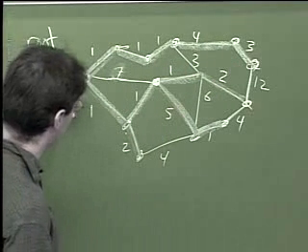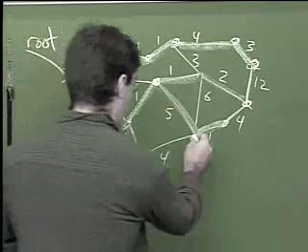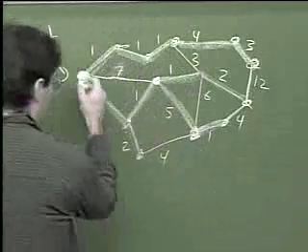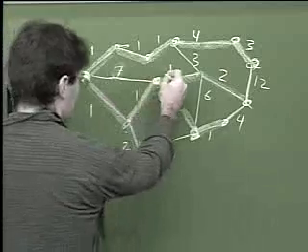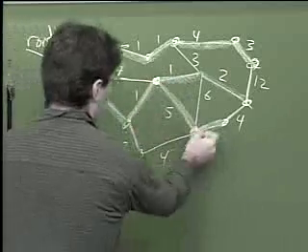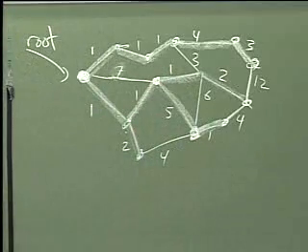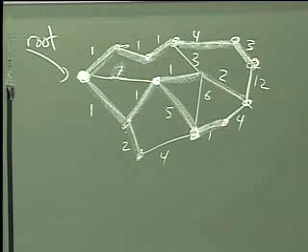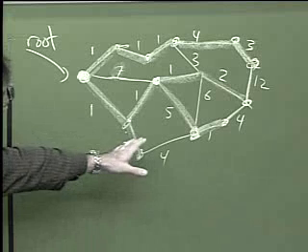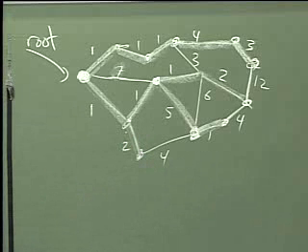For instance, to get to this node over here, I have a path of distance 7, 1, 2, 7, and you could have also gone that way and had distance 7. So again, the shortest path tree is not unique. But you won't find another path to get to any node that's shorter than the one that I chose, if I drew it correctly. So that's 8, 2, 3, 4, 5.